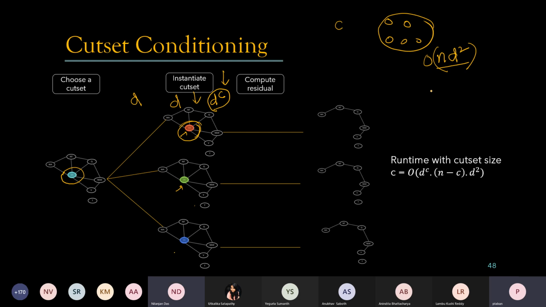It is N minus C. So the overall complexity will be (N minus C) D squared, and that you have to do for D to the power C. So the overall complexity becomes this quantity. And again, the only cost involved is this particular layer, and of course, this is bounded.